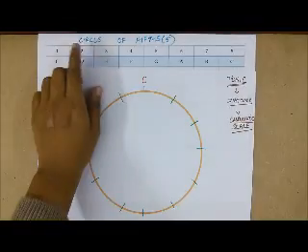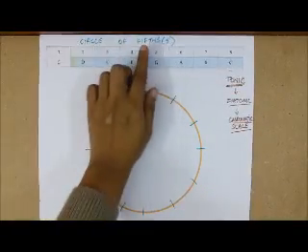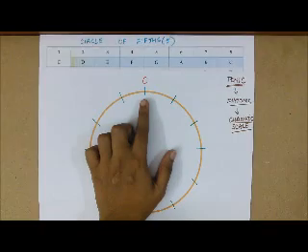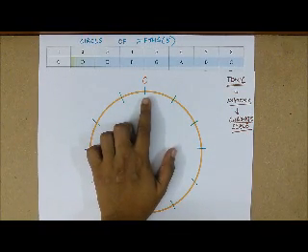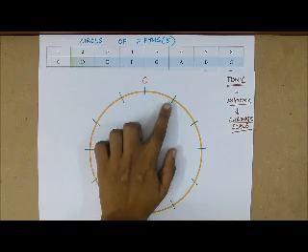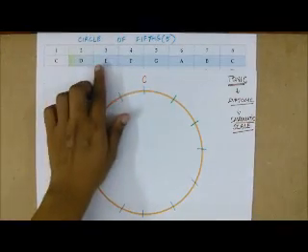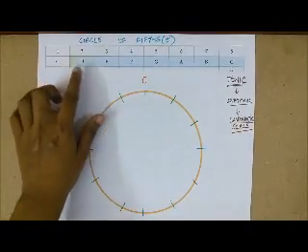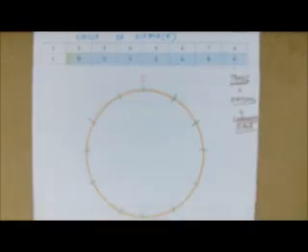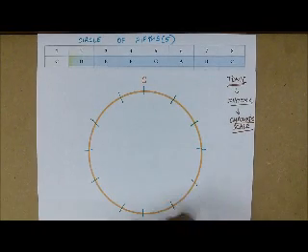Okay, now this is called the circle of fifths. So I am starting with my key C, and now I am going to count 5 notes up. In my scale of C, I know that the scale of C comprises C, D, E, F, G, A, B, and C, and so on.